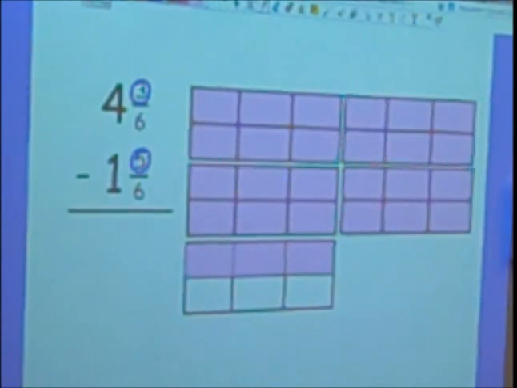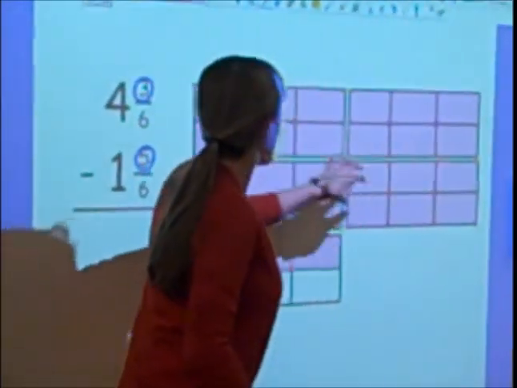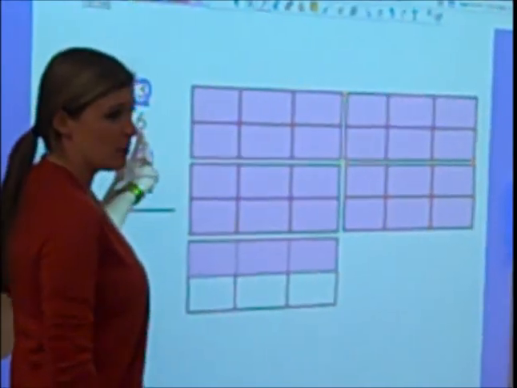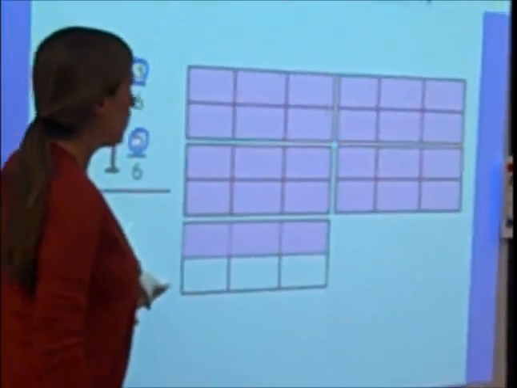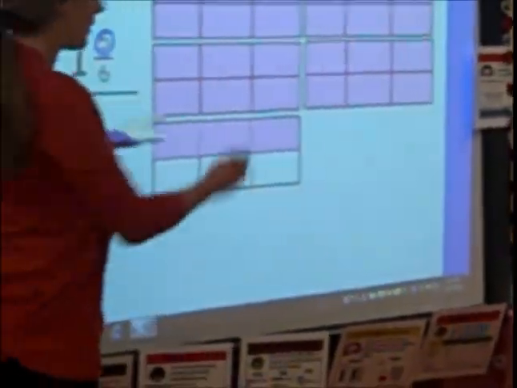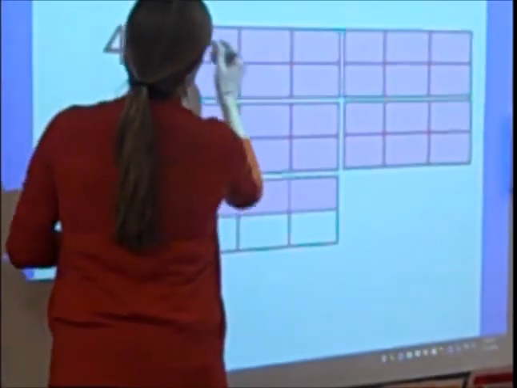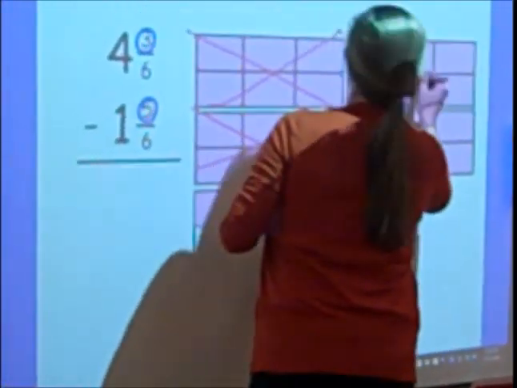So 4 3/6 minus 1 and 5/6. Notice that you have 1, 2, 3, 4 wholes made out of 6 equal parts, and then 3/6. What would you take away first, the whole number or the fraction? Take away the whole number based on your picture. Oh wait, 1 whole.